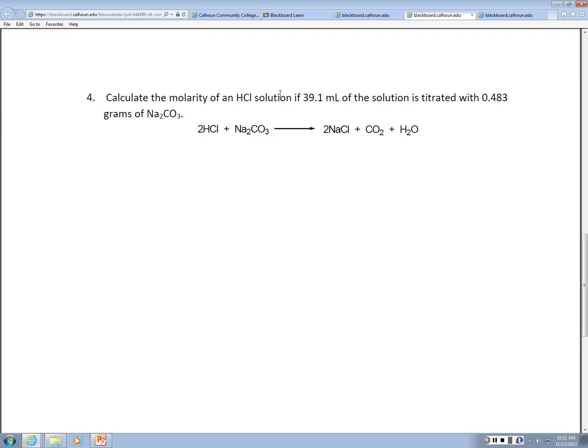Where are we going to start? We're going to start with 0.483 grams. Very good.